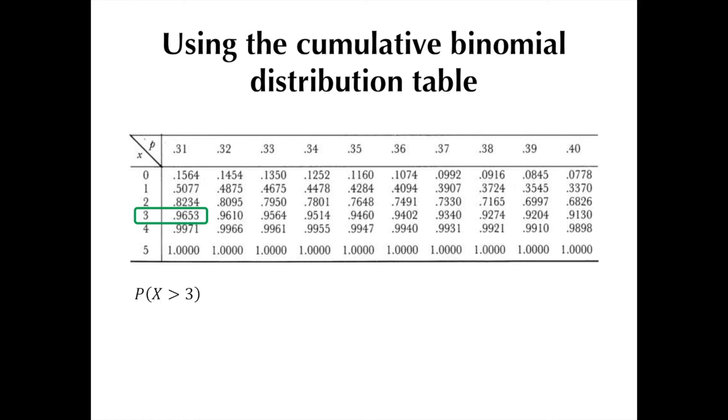So, thinking of x equal to 3 as a cutoff point, we simply subtract the cumulative probability up to x equal to 3, that is 0.9653, from the total probability, which is 1. We then get 0.0347, which we can round off to 0.035, and get the same value from the computed one that we did a few slides ago.